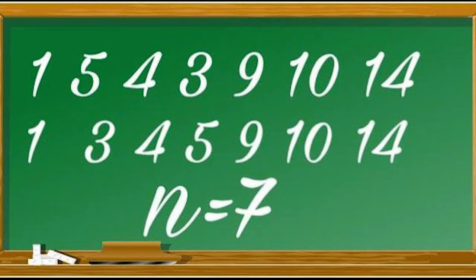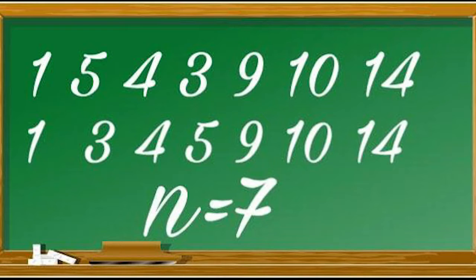Let's solve a problem. 1, 5, 4, 3, 9, 10, and 14 are the given scores. So we must find the first quartile, the second quartile, and the third quartile. So first, we must arrange them in ascending order. 1, 3, 4, 5, 9, 10, and 14.